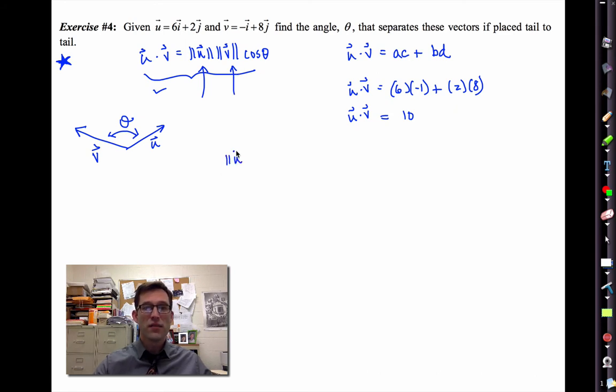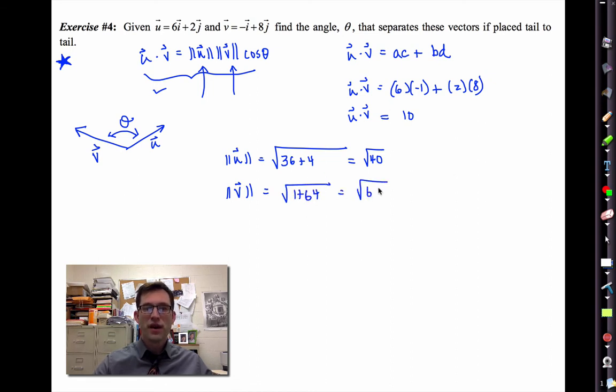Let's do that. The magnitude of u will be the square root of what? 36 plus 4. Root 40. Don't even think about simplifying that radical unless it's a perfect square. The magnitude of v will be the square root of 1 plus 64, or root 65. So look what we have. We can now take this formula and say, well, u dot v is 10.